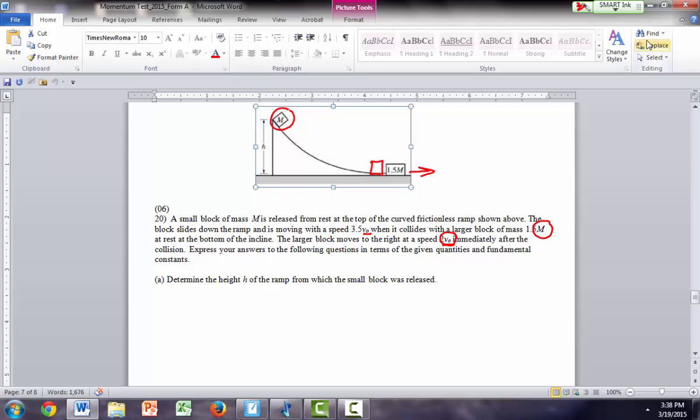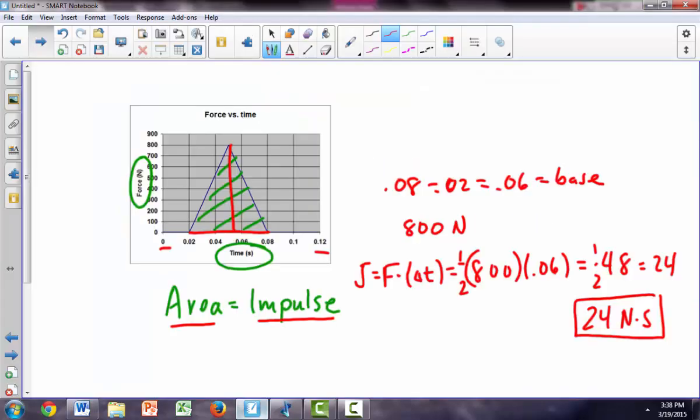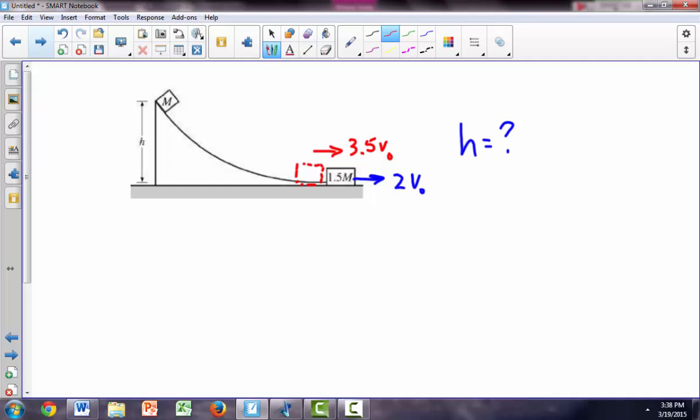So now we're trying to determine the height of the ramp from which a small block was released. On this one, I've got this block at 3.5 V0. This is the block here, has this speed when it gets to the bottom. So I have to figure out from what height that block was released.